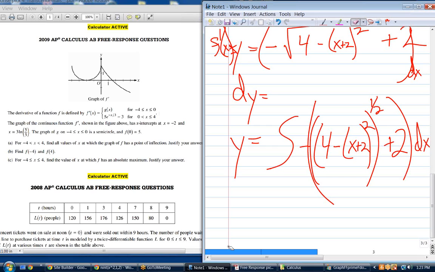Let's see. They tell me that f of 0 equals 5. Alright, that's going to let me solve for f of minus 4.